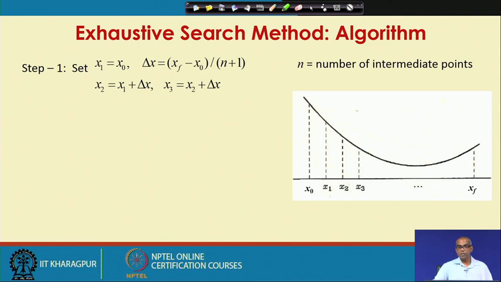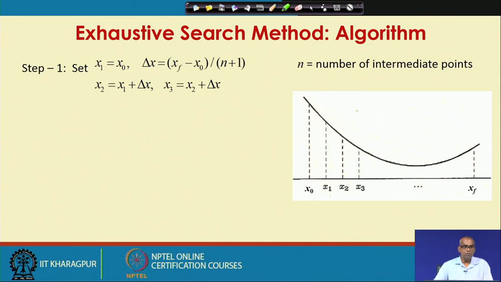So, let us discuss the algorithm for exhaustive search method. Let us indicate n as the number of intermediate points. Look at the figure. My interval is x0 to xf. So, I divide this interval by n number of intermediate points.